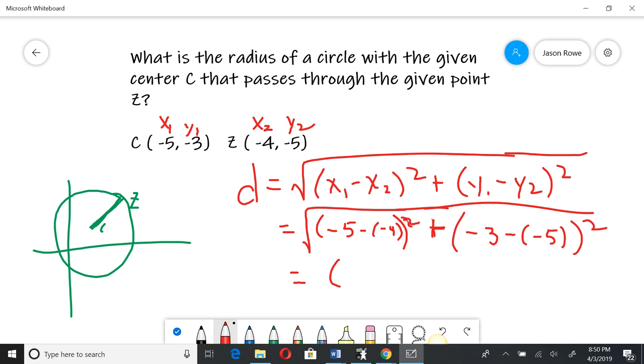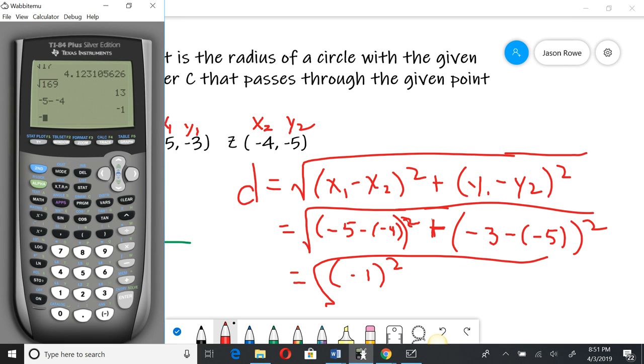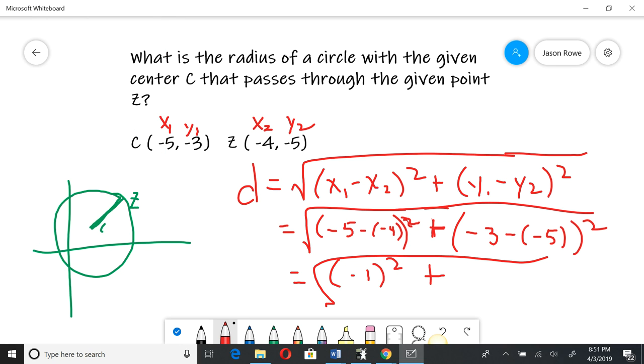So we've got (-1) squared. And then we've got -3 minus -5. Again, don't be afraid. -3 minus -5 is 2. So plus 2 squared.